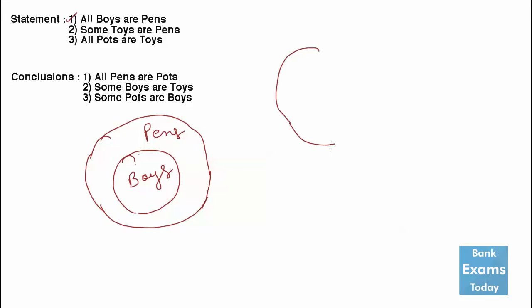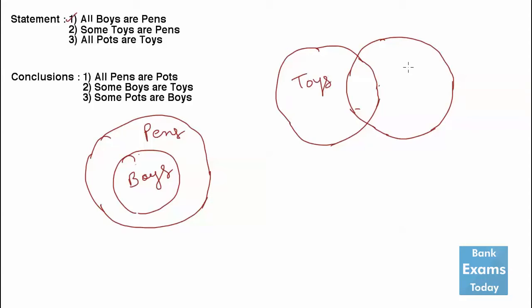Some of the toys, so some toys, a part of toys, are pens. So it's done. And all pots are toys. All the pots are toys.